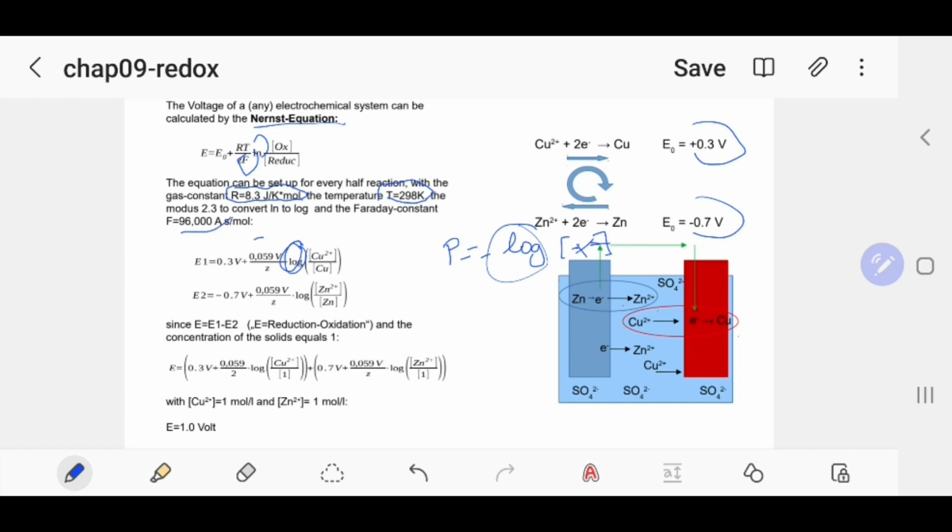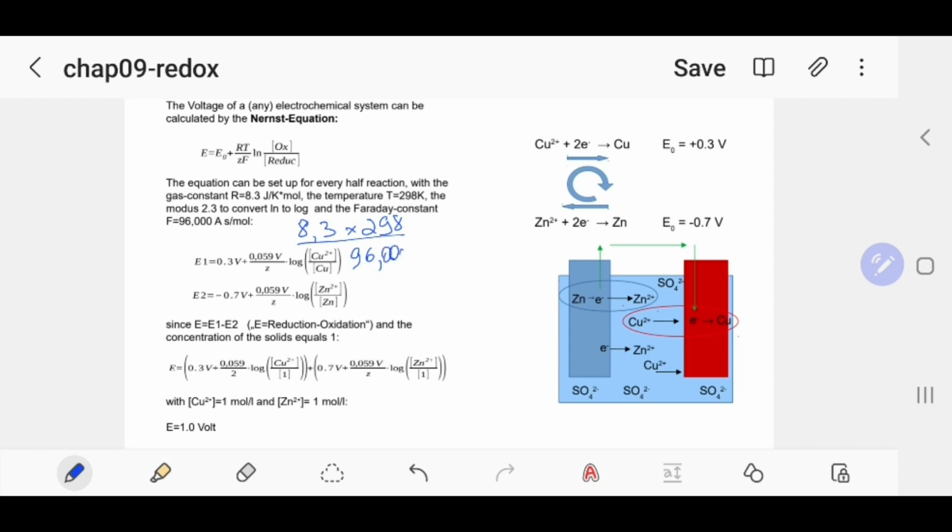And if we replace everything here, we have 8.3 for each of the copper and each of the zinc. 8.3 times 298 divided by F, which is 96,000, times 2.3 to convert to log function.